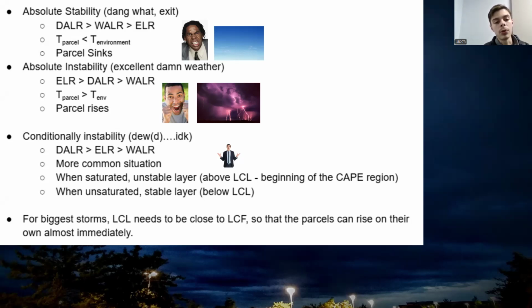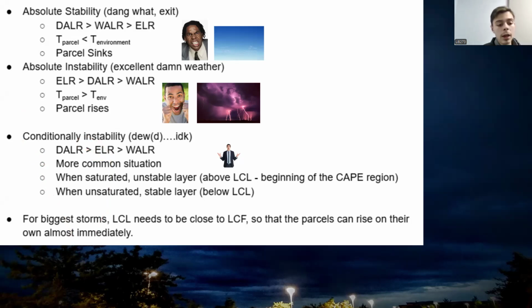So it's DEW. I say, "Dude, I don't know what it's going to be. It depends." I think it's going to be too complex for me to just explain in words, so I'll just show you. I'll explain conditional instability in a second.